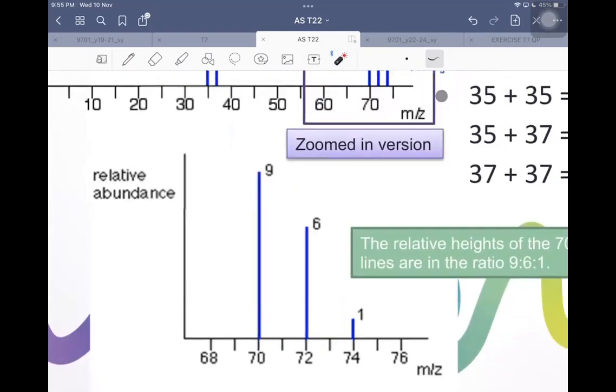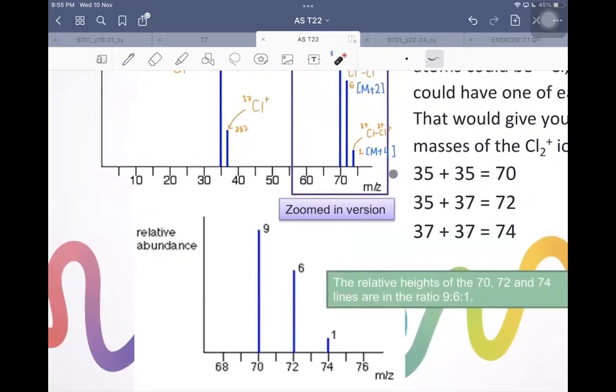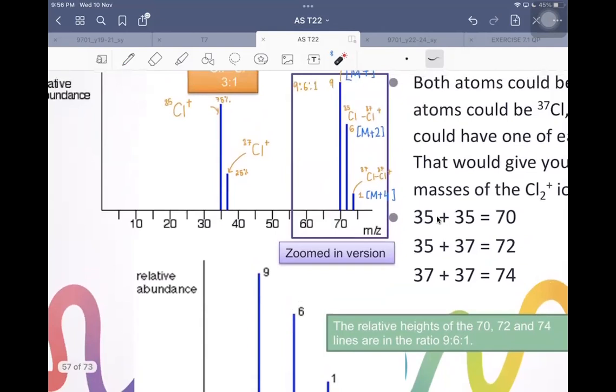So the relative heights of the 70, 72, and 74 lines are in the ratio of 9 to 6 to 1. Whenever you have 2 chlorine atoms, always remember this ratio, okay? 9:6:1.